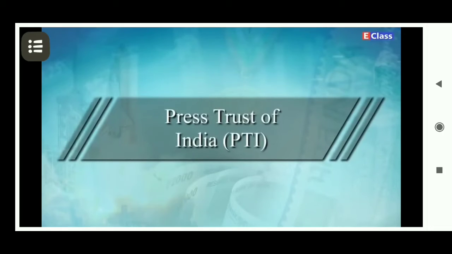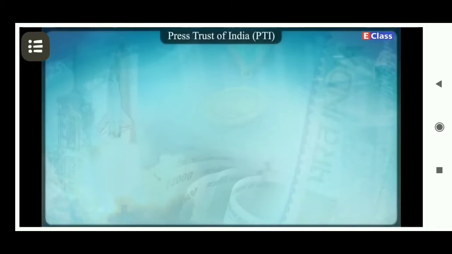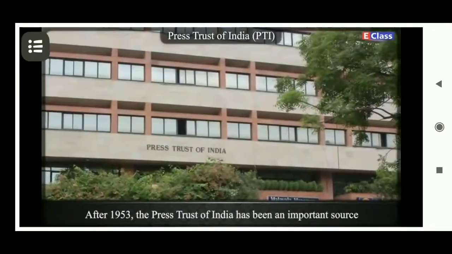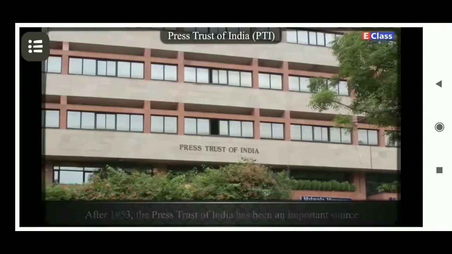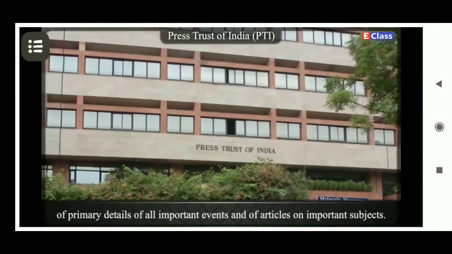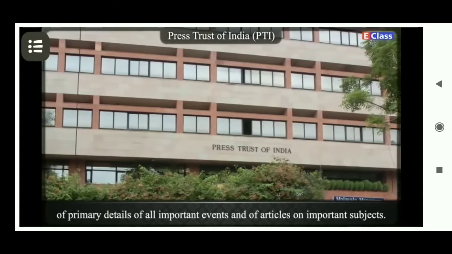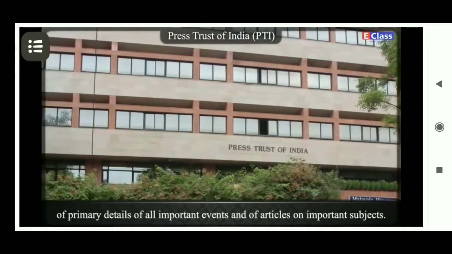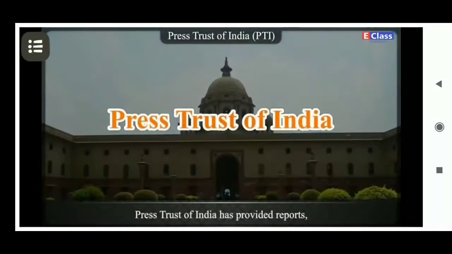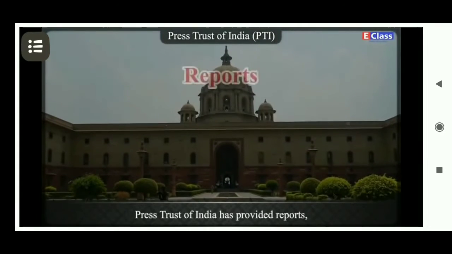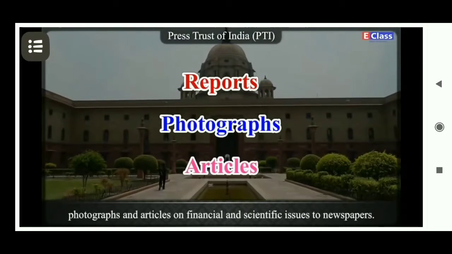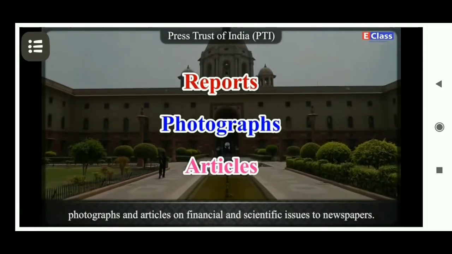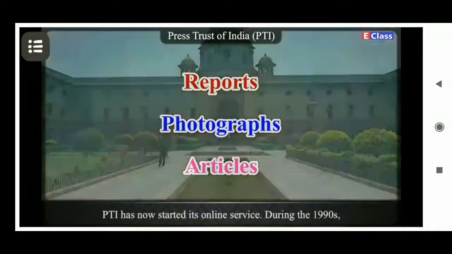Press Trust of India, PTI. After 1953, the Press Trust of India has been an important source of primary details of all important events and of articles on important subjects. Press Trust of India has provided reports, photographs, and articles on financial and scientific issues to newspapers.